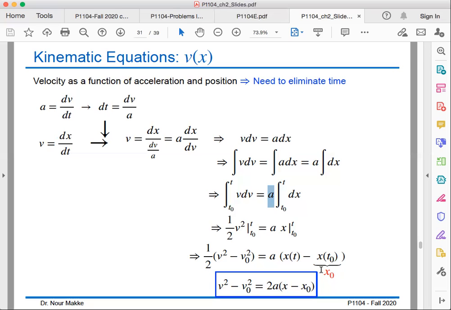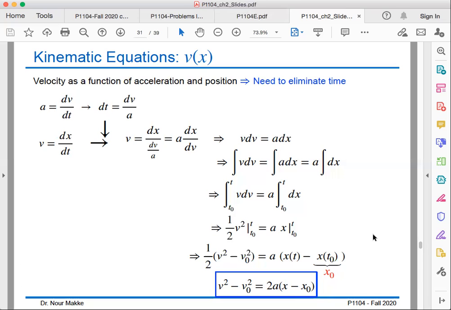And from here, you can see that we can write down the equation v squared minus v0 squared is equal to 2 times a times x minus x0, where x0 and v0 are the values of the position and the velocity at the initial time, and x and v are the position and the velocity given at a particular time t.